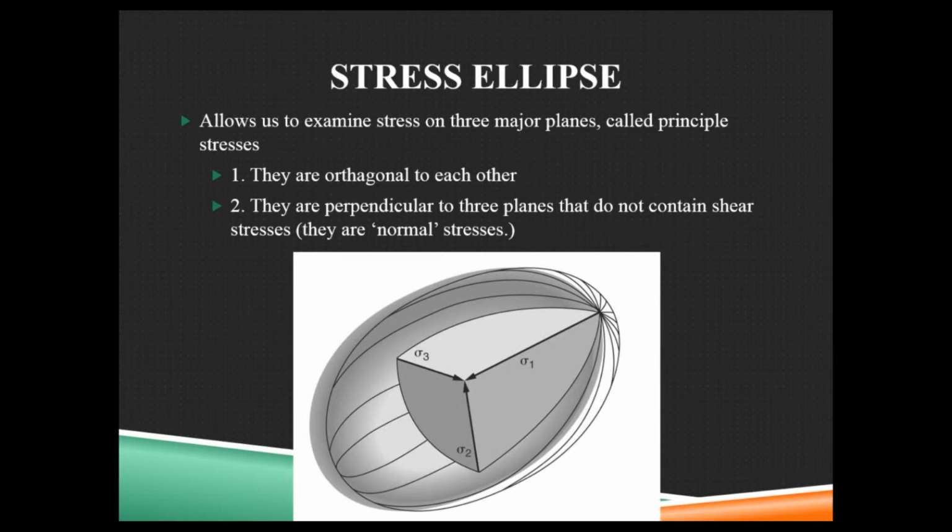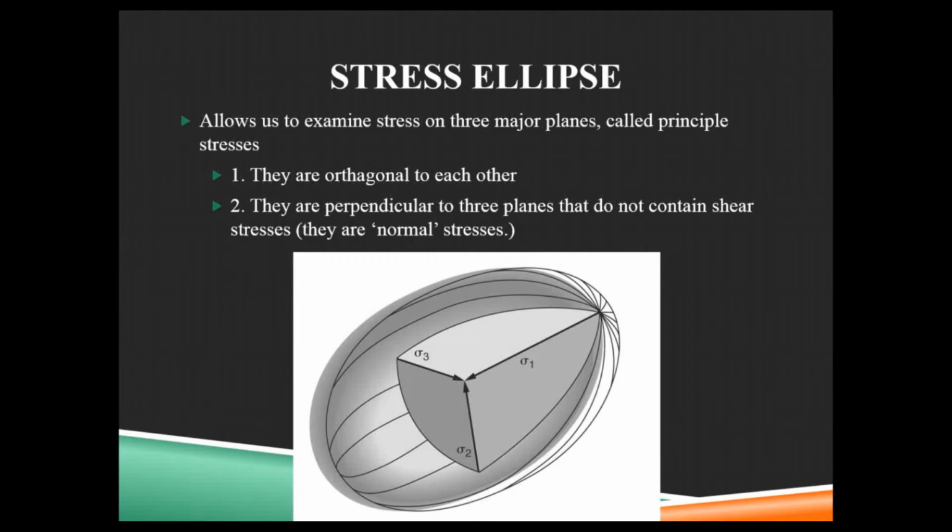Now, this kind of diagram looks like a big watermelon or a blimp or a zeppelin or something like that, with a chunk cut out of it, and is called a stress ellipse or a stress ellipsoid. This is used to describe the stress orientations on some object, the object being at the center of it.